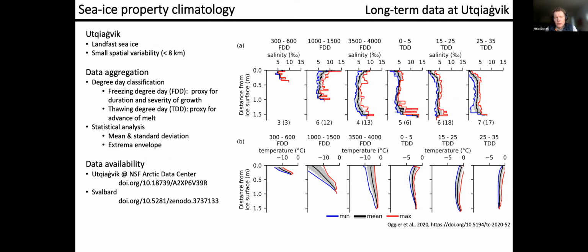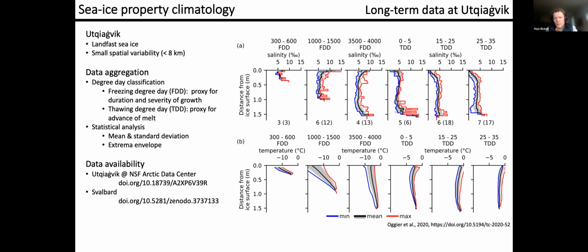Here's an example of the synthesis of this data set that you can also access at the NSF Arctic Data Center that has all these data holdings. This is part of a paper that Mark put together last year.